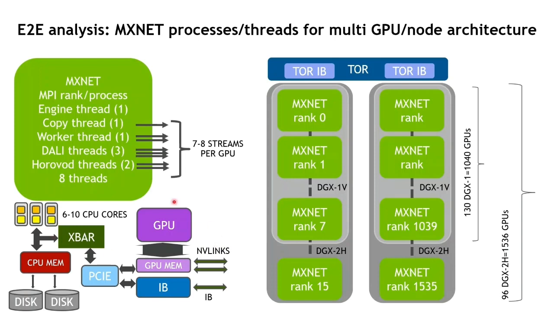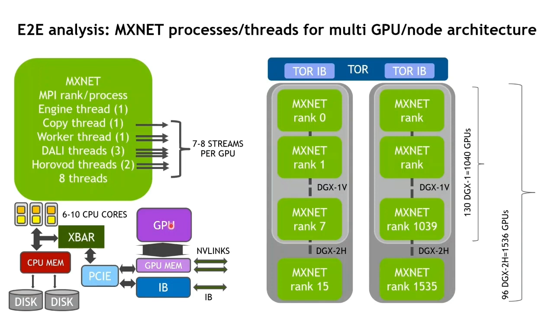Looking into the block diagram, on the bottom left, during ResNet 50 training, the MXNet framework executes the graph of operations in the cores, which reads images from the disk, preprocesses them, and sends them to perform a set of convolutions in the GPU.